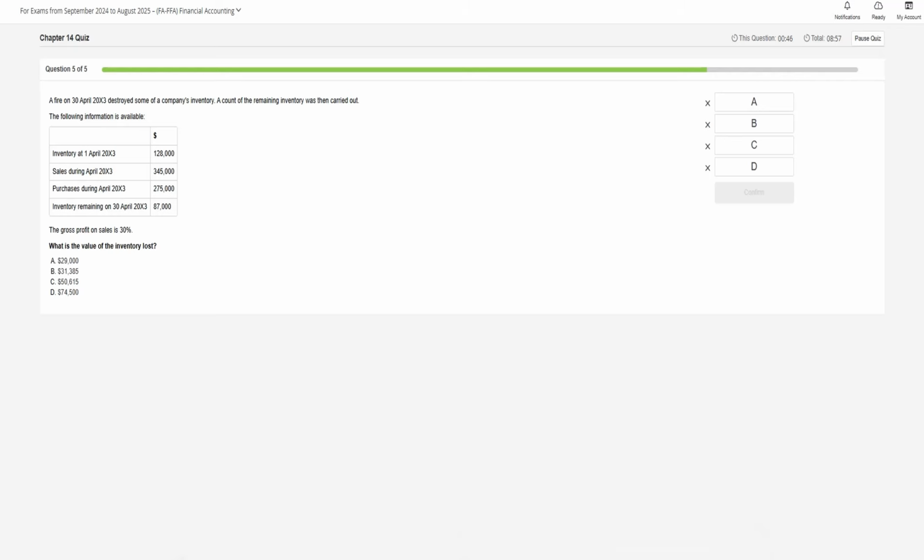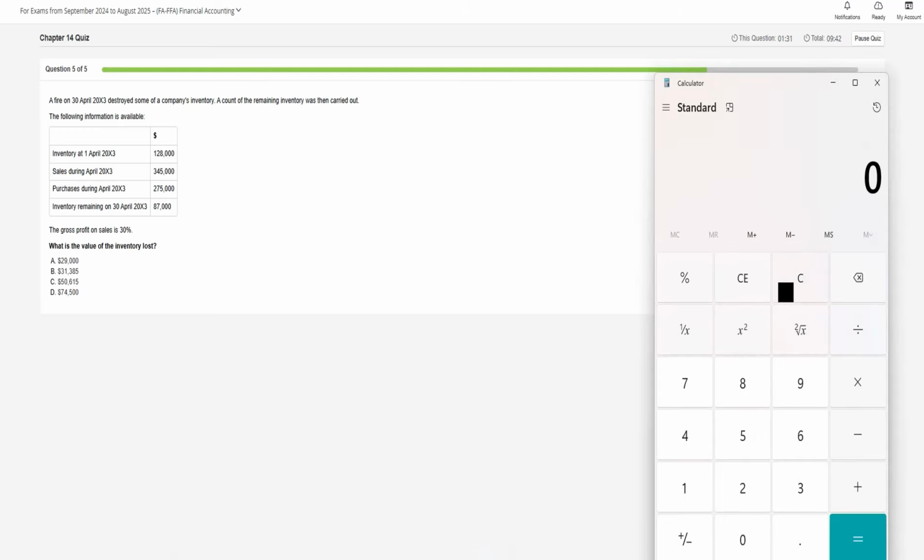Okay. So basically, the inventory remaining figure at 30 April 20x3 is given. Now first of all, we need to calculate the closing inventory using the formula. Do you guys know the cost of sales formula? It's opening inventory plus purchases minus closing inventory. We have opening inventory given, purchases also given.